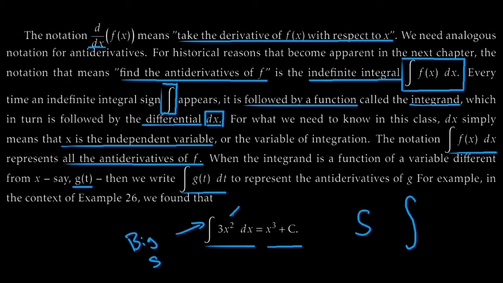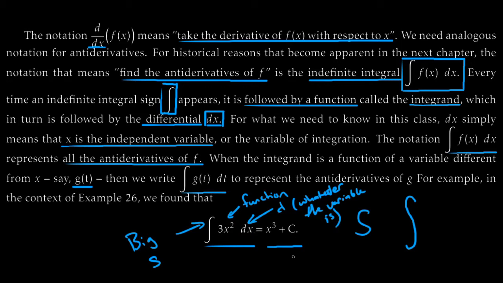Then you put the function, and then you put d whatever the variable is. This is every component of what we're writing here. Big S, function, whatever the variable is, d whatever the variable.